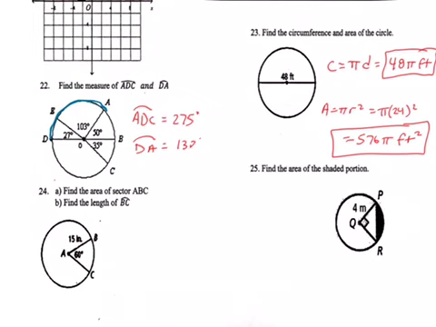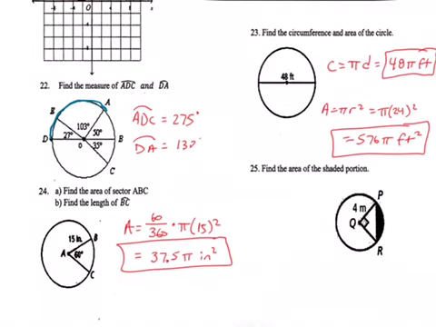In 24, it asks you to find the area of sector ABC. So area of the sector is going to be 60 over 360 times the area of the circle, pi times 15 squared. So in this case, we're going to get 15 squared times 1/6 is going to give us 37.5 pi, in this case, inches squared.